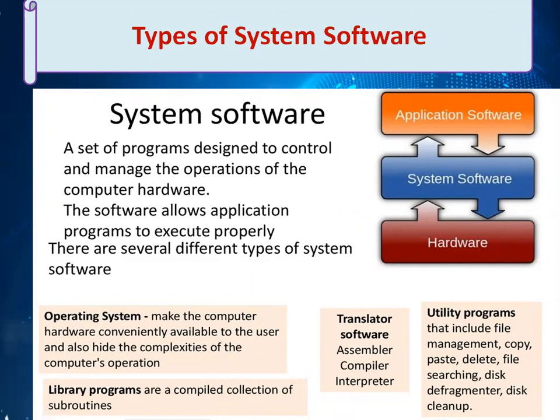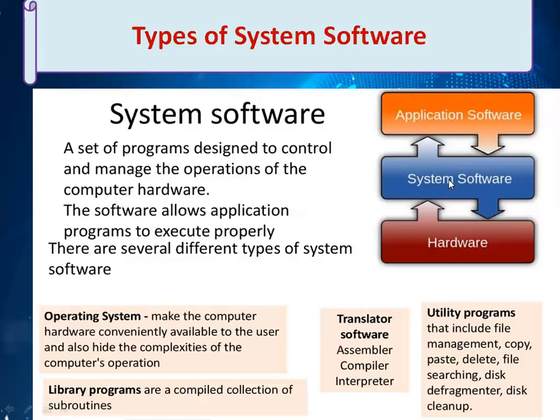Without having system software, you cannot use your hardware. So first of all, you must have some type of system software. After having that system software, your hardware can function properly. Another function of system software is to provide support to all other application software. If you have system software on your computer system, you can install any kind of application software.